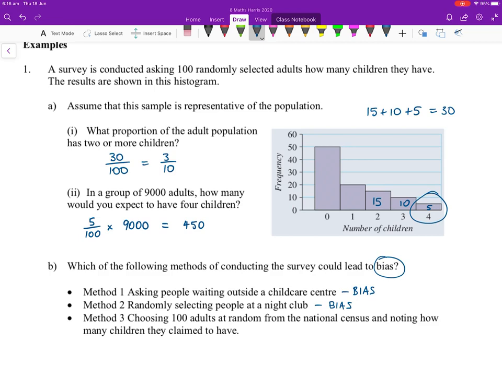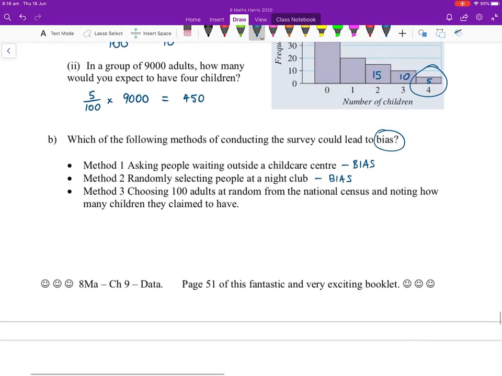There's no guarantees with either group. Method 3, if you chose 100 adults at random from the national census and noted how many children they claim to have, that would be a fairer way of doing a survey. So there wouldn't be bias using method 3, but there would be using method 1 or 2.